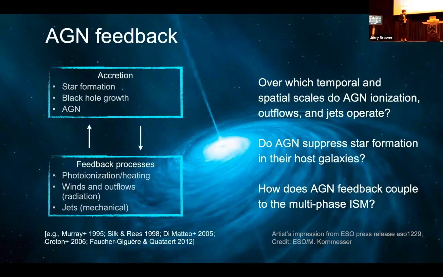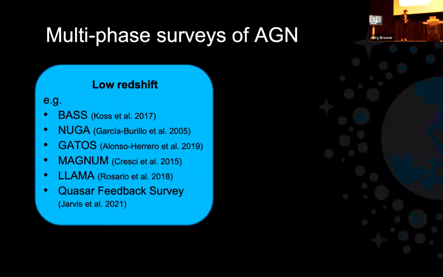And there have been, of course, studies, for example, using multi-wavelength surveys to use multi-gas phases in the low redshift universe. The advantage of such studies, of course, is that there is sufficiently good spatial resolution to study really in detail the physics that's going on.